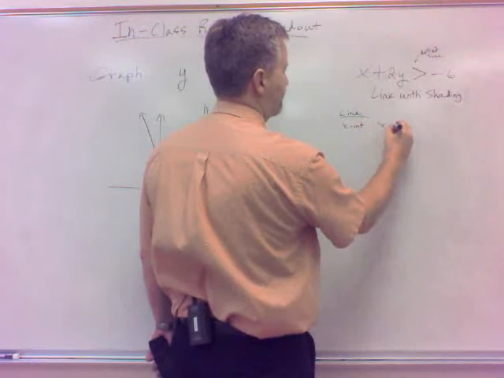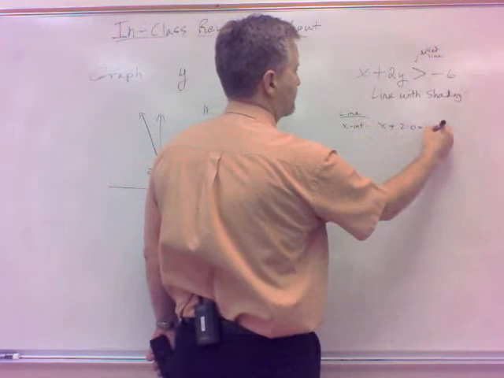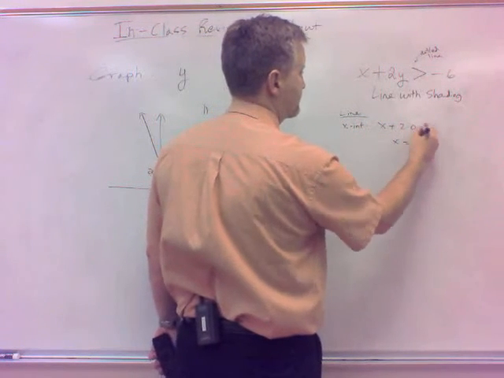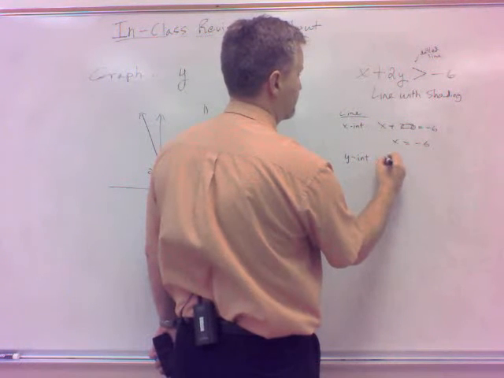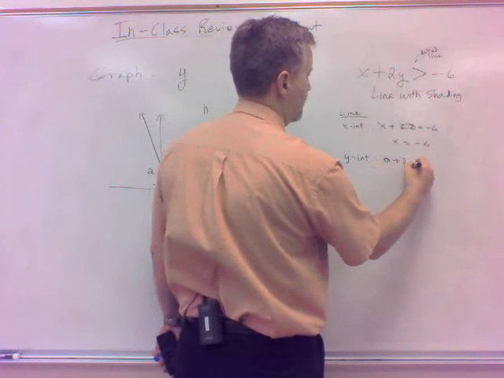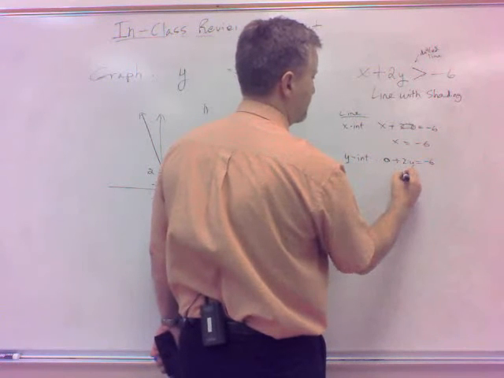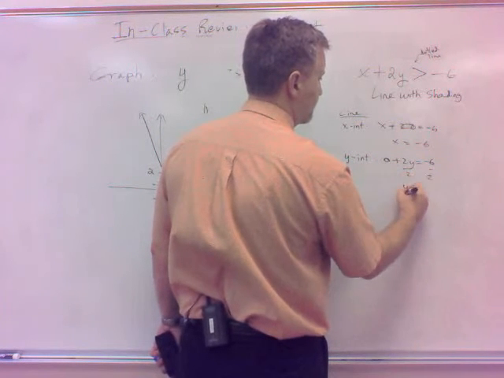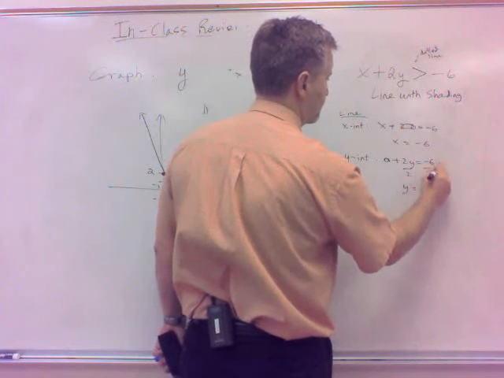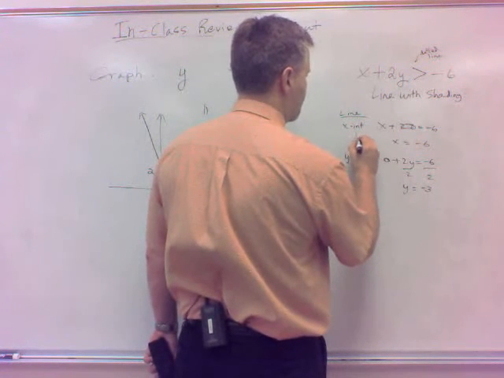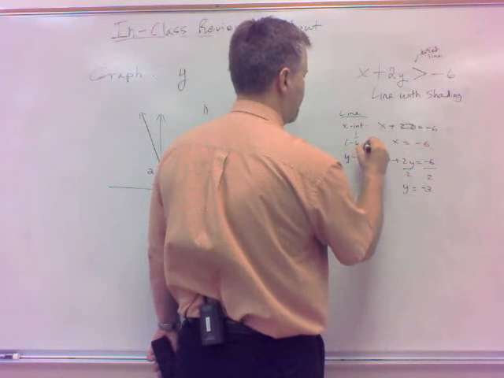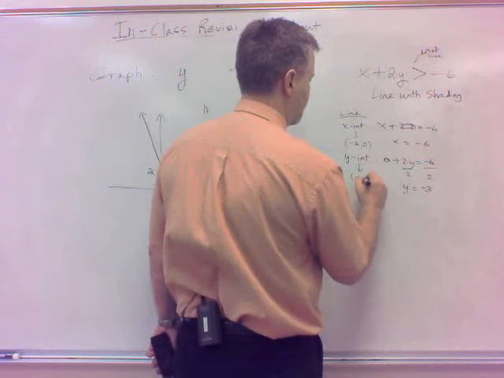The x-intercept would be negative 6, 0. The y-intercept would be 0 plus 2y equals negative 6. So that would be negative 3. So I have negative 6, 0 for the x-intercept and 0, negative 3 for the y-intercept.